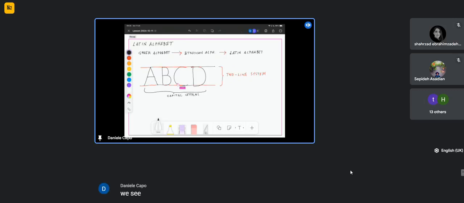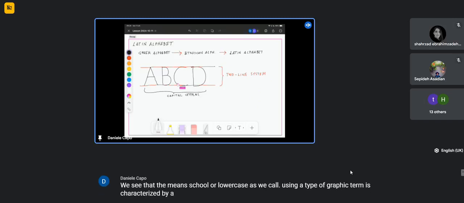We will see that the minuscule, or the lowercase, as we call it using a typographic term, is characterized by a four-line system. But for now, we stay with our two-line system.